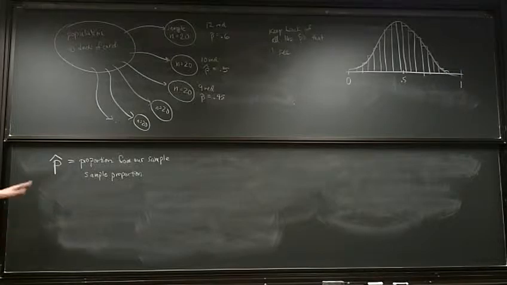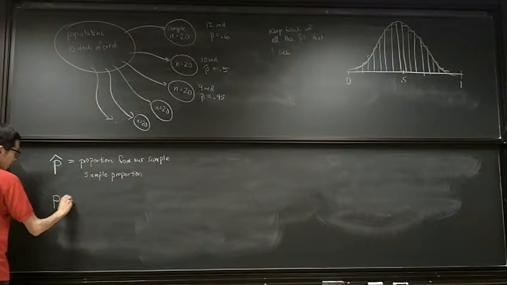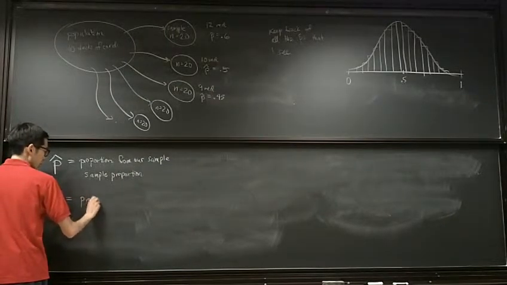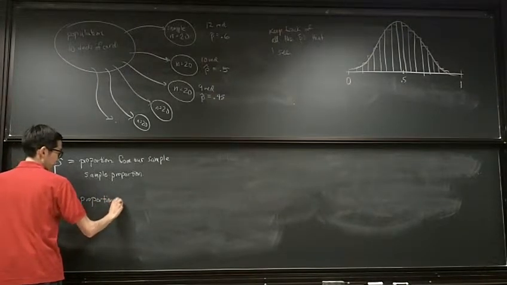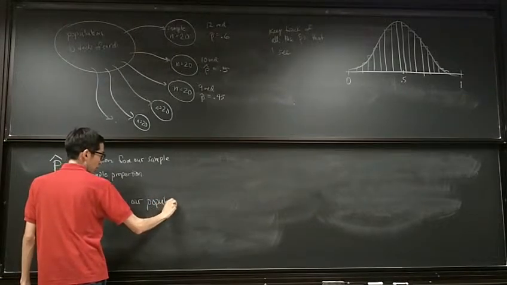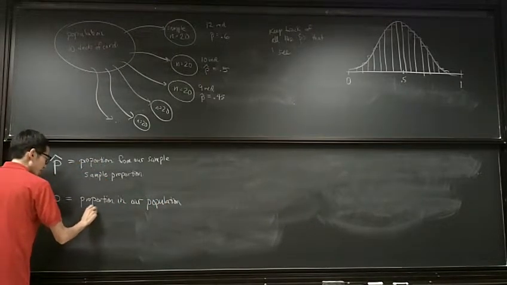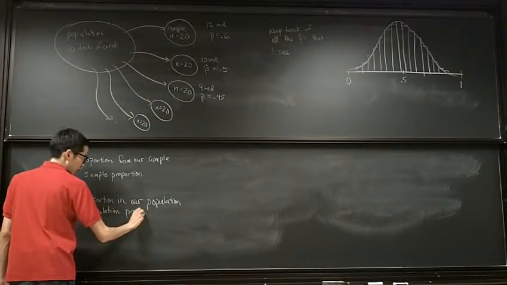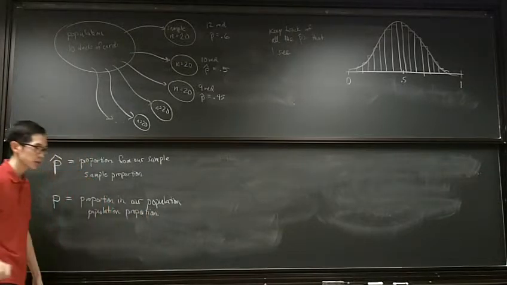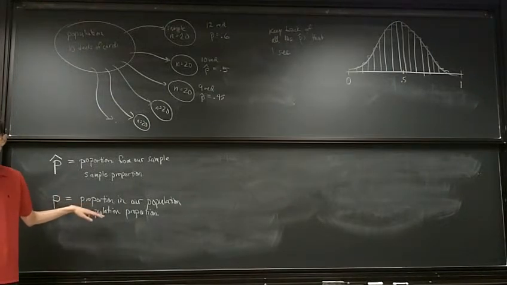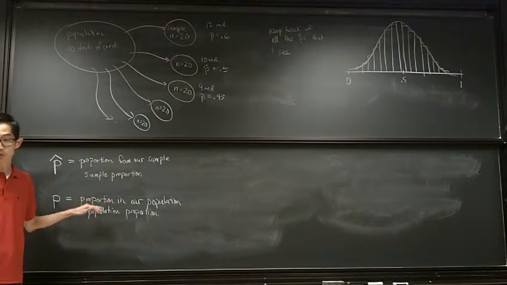Okay, that's p hat. This is different from P. P is the proportion in our population. Or sometimes we just call it the population proportion. Okay. So when we're talking about a deck of cards, the population proportion for the proportion that's red is 0.5.